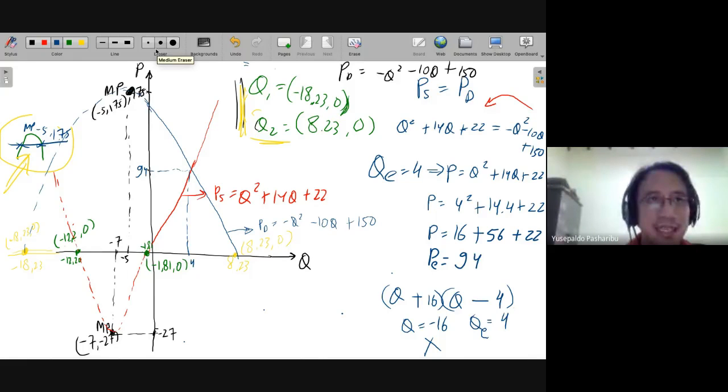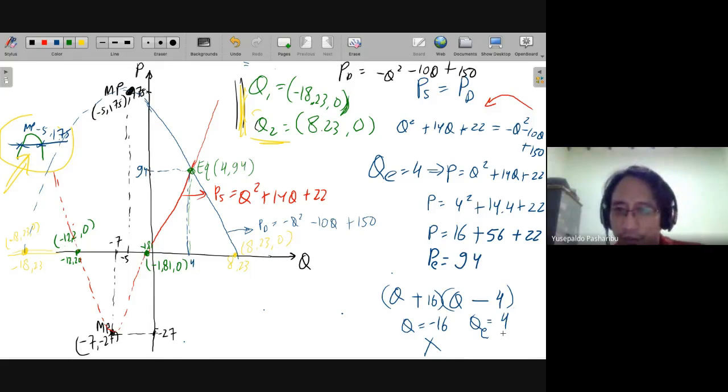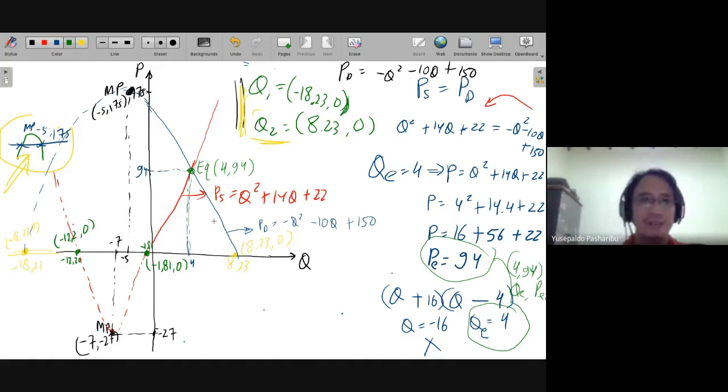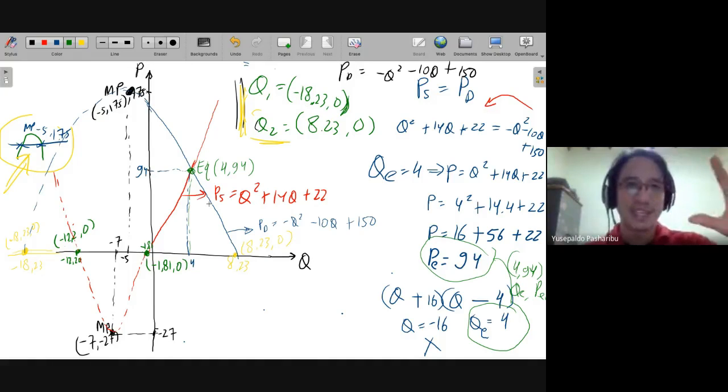And this is the equilibrium, Q, P, 4, 94. This is the combination of these: QE, PE, the equilibrium.